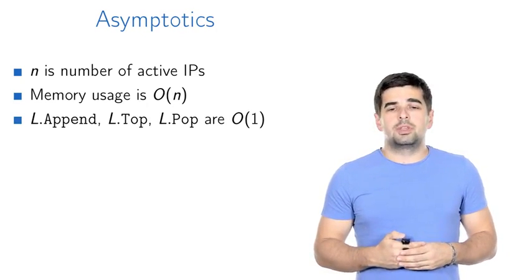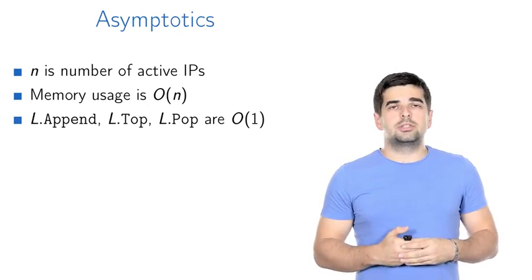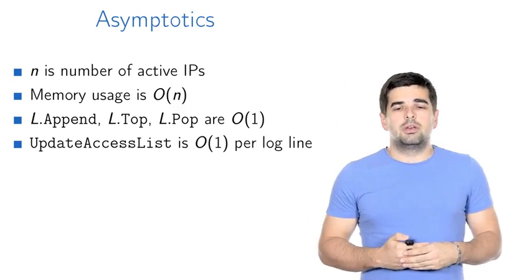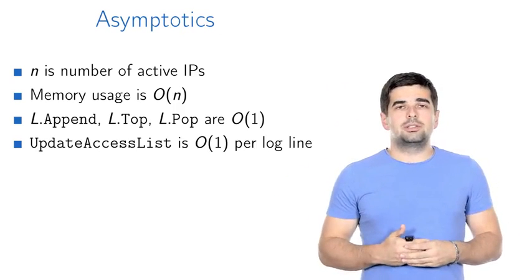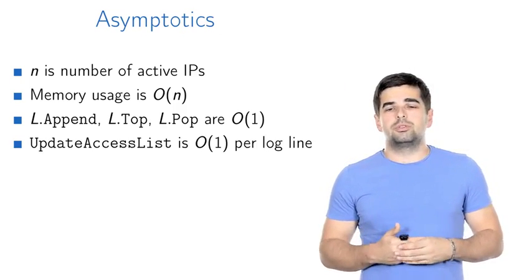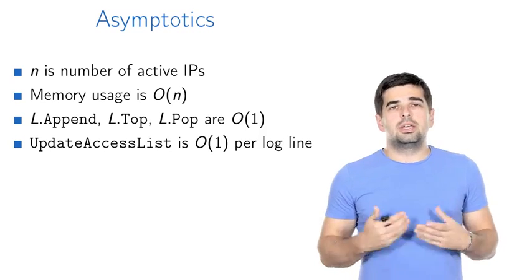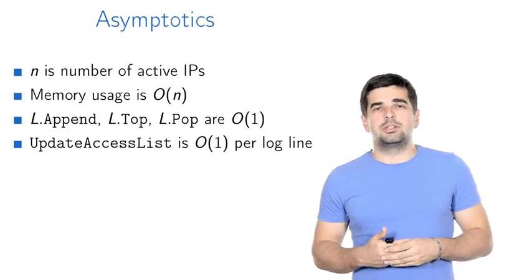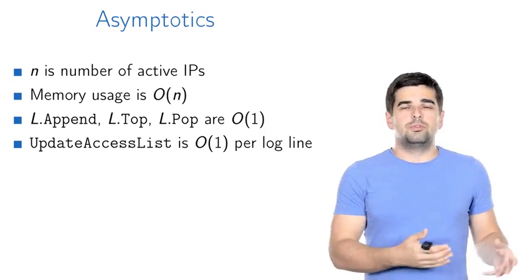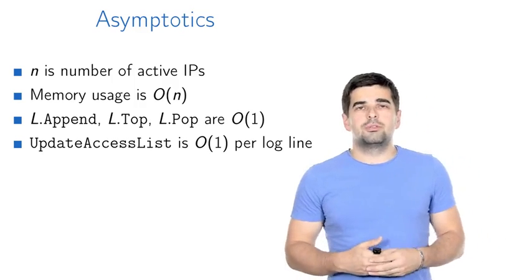What about running time? We know that the standard list procedures such as append, top, and pop all work in constant time, and that's why the update access list works in constant time per log line. Of course, any particular call to update access list could take more than a constant number of operations if we need to add more new lines to the end of the list or remove many old lines from the start of the list.